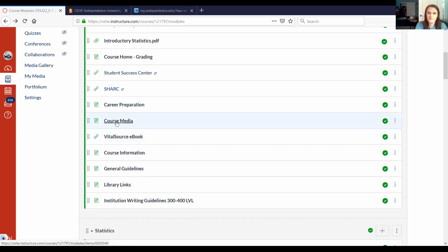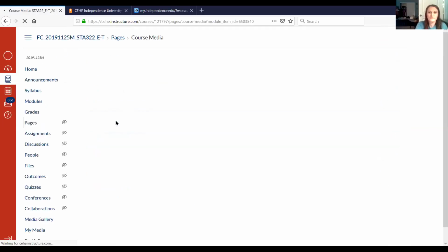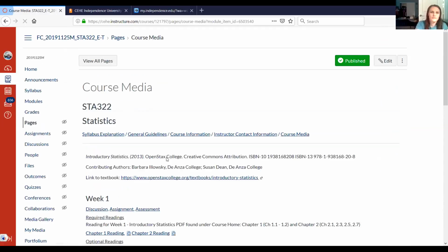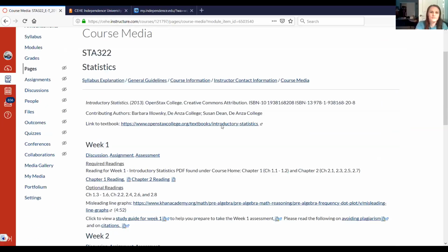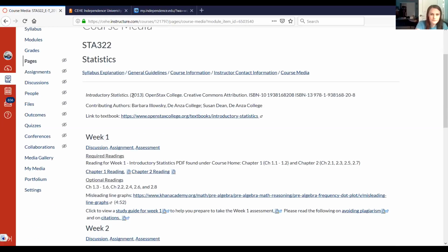Let's take a look first at course media here, which has this first book, the Introductory Statistics, an open source textbook that we have access to.